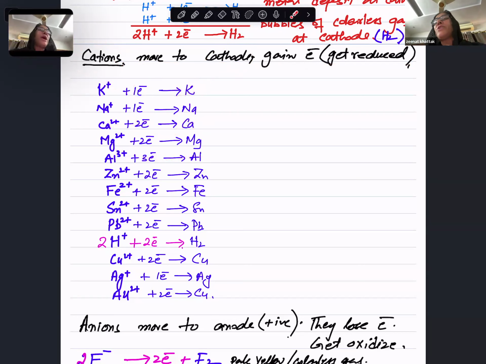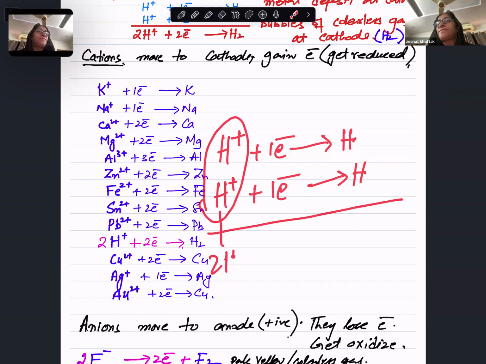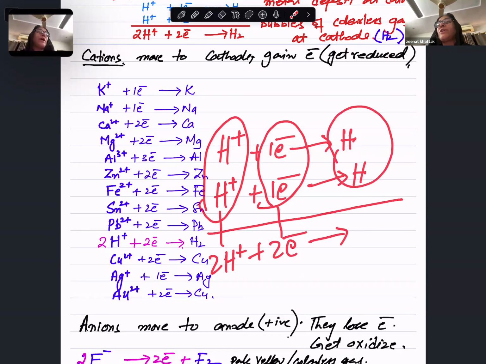But if you go to hydrogen, each H plus gains 1 electron making H, another H plus gains another electron making H. So overall 2H plus, overall 2 electrons, making H2, colorless gas.